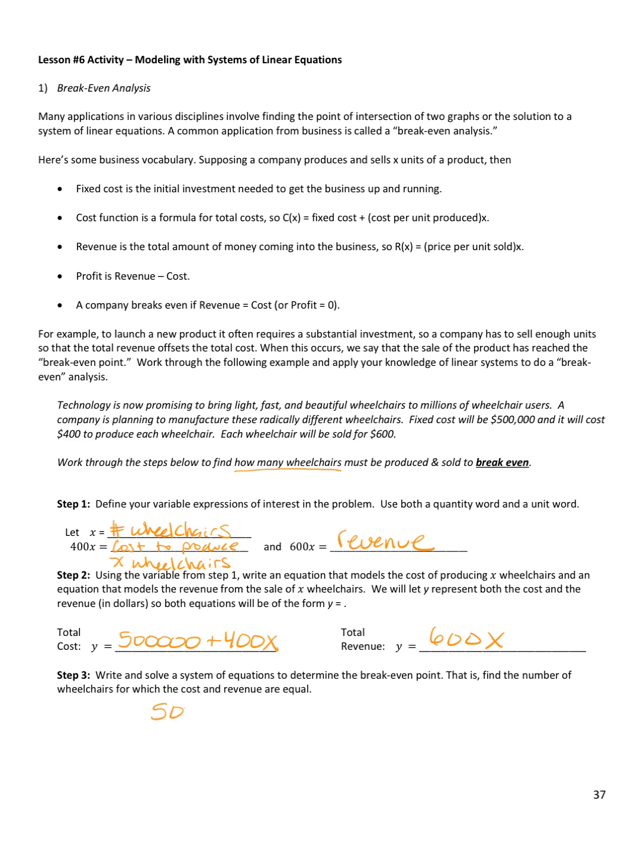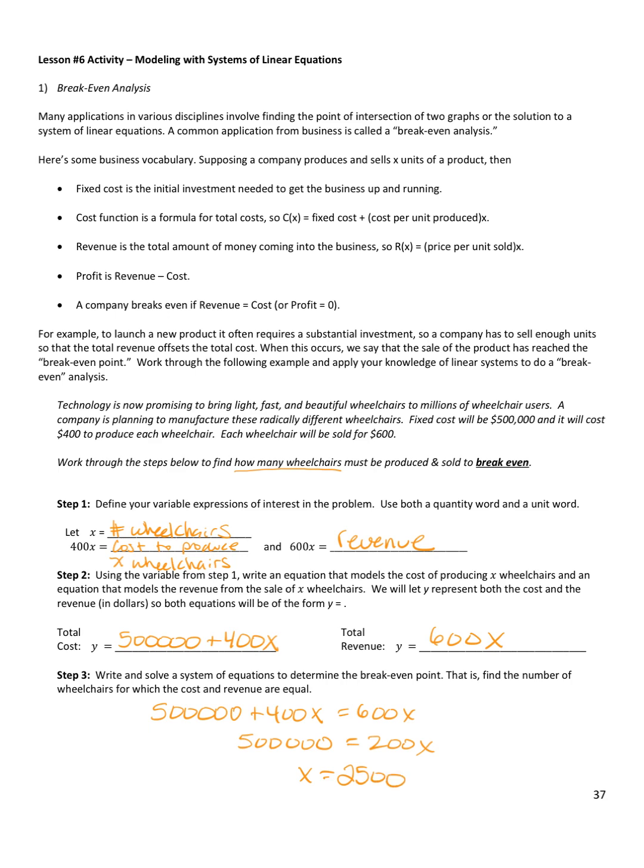So we set 500,000 plus 400x equal to 600x and solve for x. We get 2,500 wheelchairs.